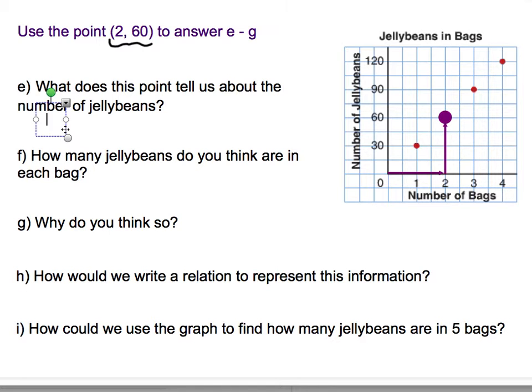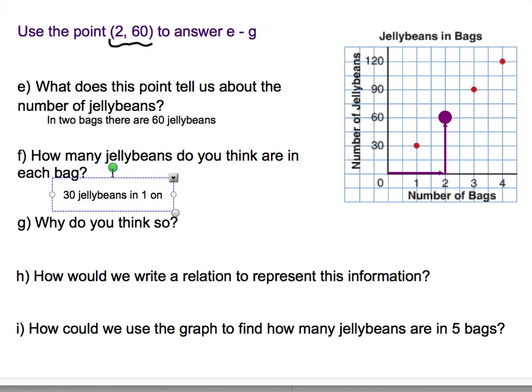Well, what I can see is that in 2 bags, there are 60 jelly beans. So if there's 60 jelly beans in 2 bags, then there must be 30 jelly beans in 1 bag.